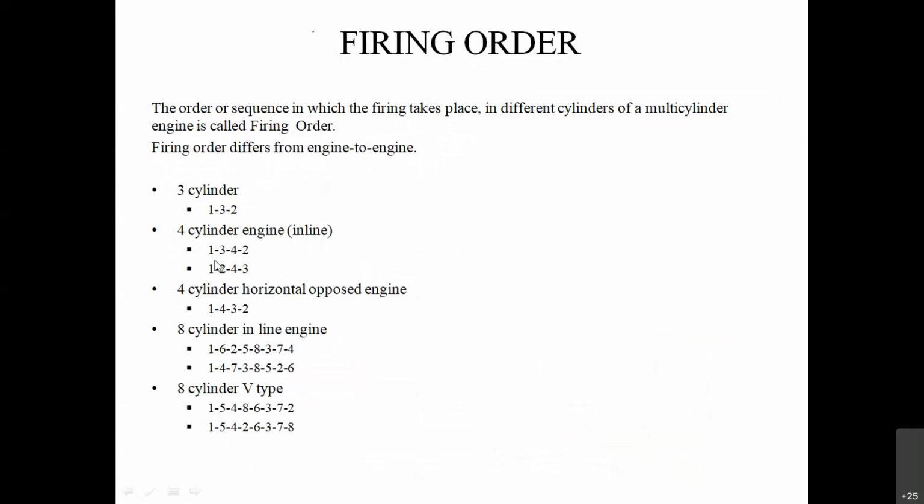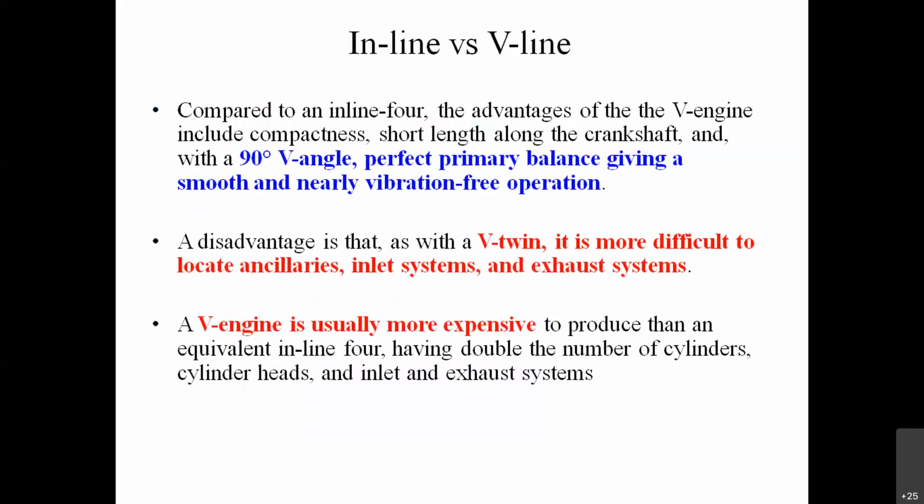It will be either 1342 or 1243 in case of a 4-cylinder inline, or it can be 1432. Similarly, the firing orders are decided, and in the same firing order your timing signals will be synchronized, and accordingly each spark plug will be given the spark signal. This is how your engine works.